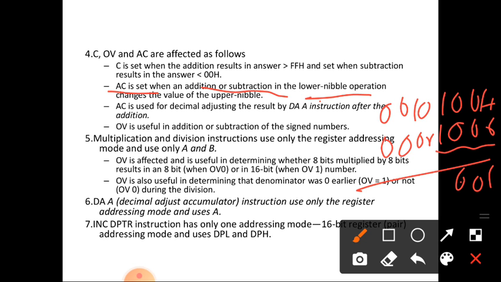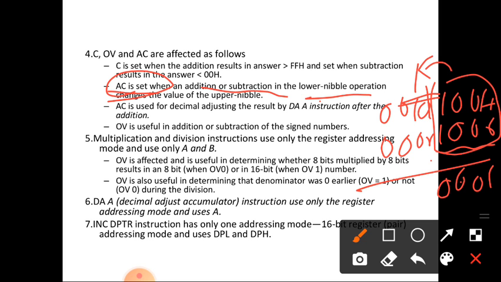Adding these, we know there is a carry from the lower nibble to the upper nibble. So we will add this 1 to here. This causes the auxiliary flag to be set.